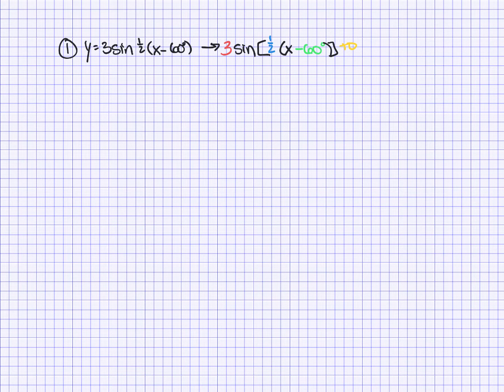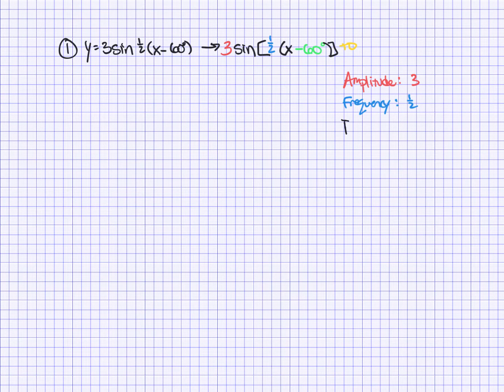So when we go through and we find all of our features, we can see that our amplitude is 3, so it's been stretched out 3 tall. Our frequency is 1/2, so it means we can only see half of one full cycle in an interval of, I'm going to say 360 degrees, since we have degrees in our problem.